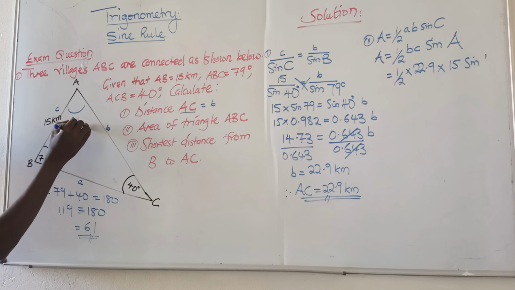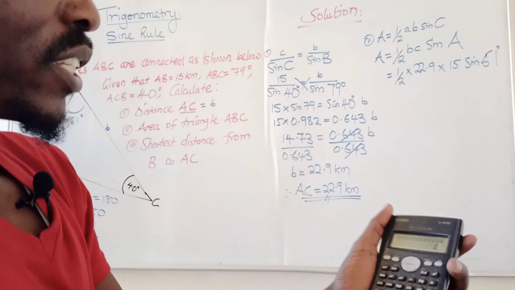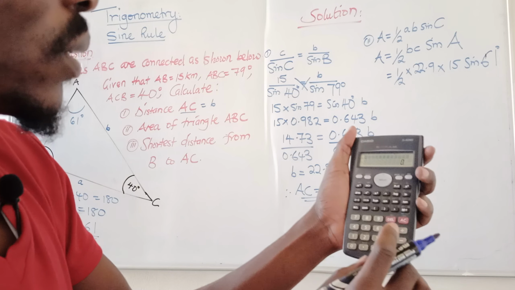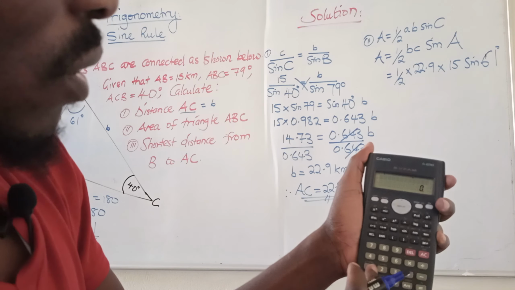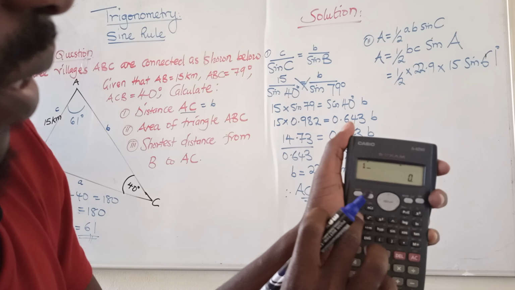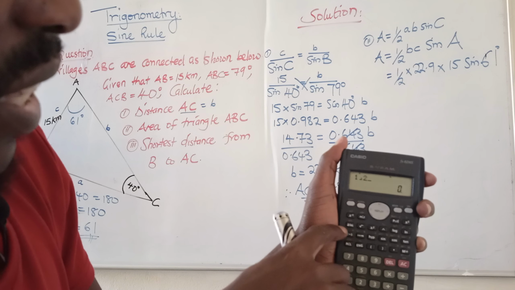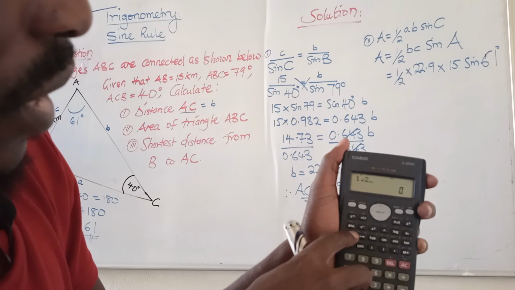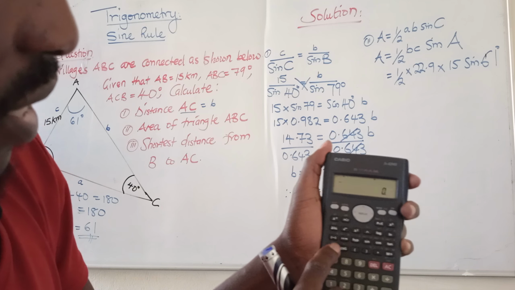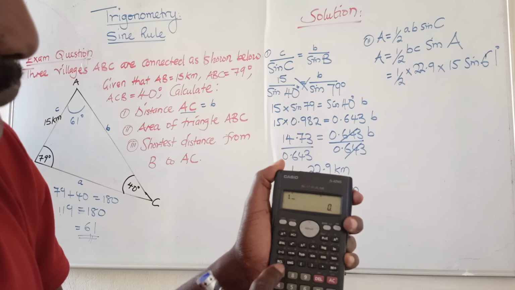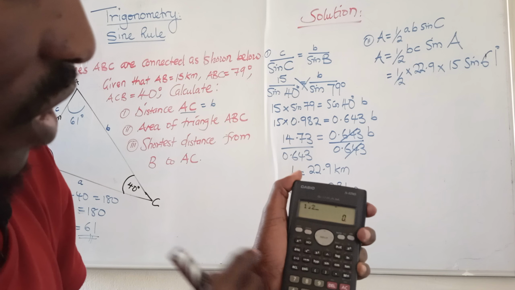So you just punch everything there on the calculator. How do you punch that? So you say half. We're going to say 1 over 2, that's how you write half, a fraction like that.